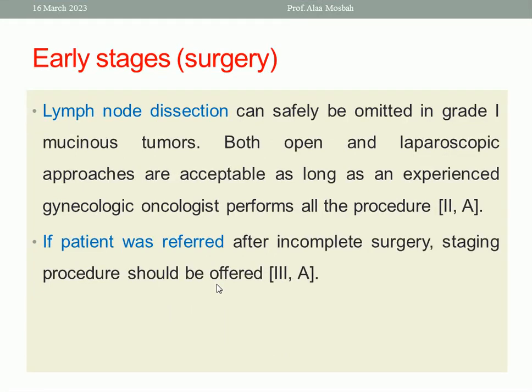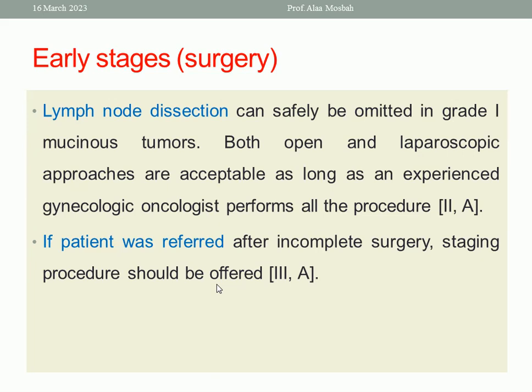Lymph node dissection can safely be omitted in grade 1 mucinous tumor. Okay, both open and the laparoscopic approaches are acceptable as long as an experienced gynecologic oncologist performs all the procedure. So there is importance to do the operation with an experienced gynecologic oncologist.